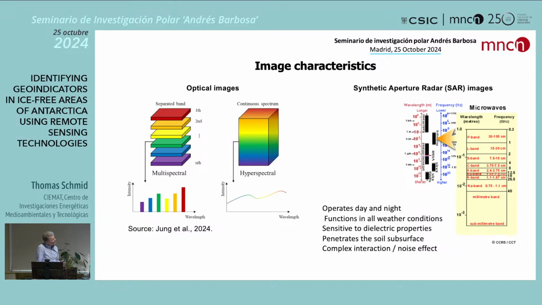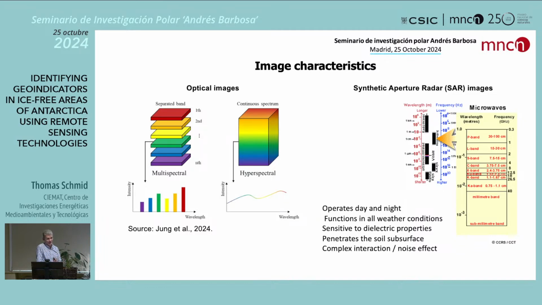So we have differences, but one of the big advantages of radar in comparison to the optical sensors is that the radar functions in all weather conditions. It penetrates the clouds. It's able to obtain a signal from the surface. We have to be careful, though. Depending on how the surface is or the weather conditions, the signal does change.